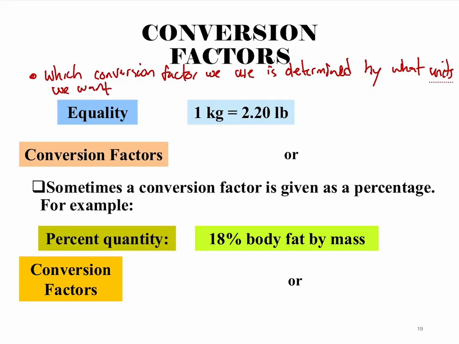So what are the two conversion factors between kilograms and pounds here? Yep, 1 kilogram per 2.20 pounds, or 2.20 pounds per 1 kilogram, right? And so if we wanted to find our answer in kilograms, we would use this conversion factor. If we wanted to find it in pounds, we would use the other conversion factor.